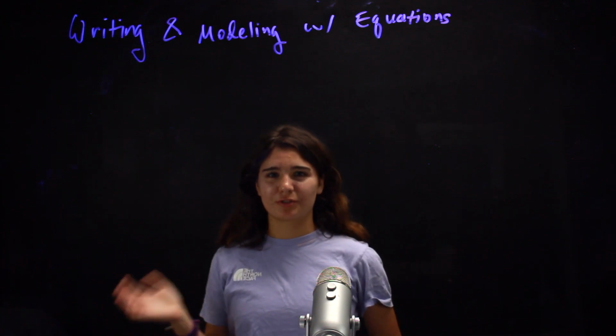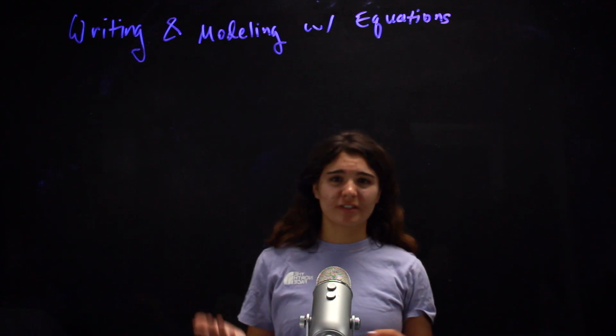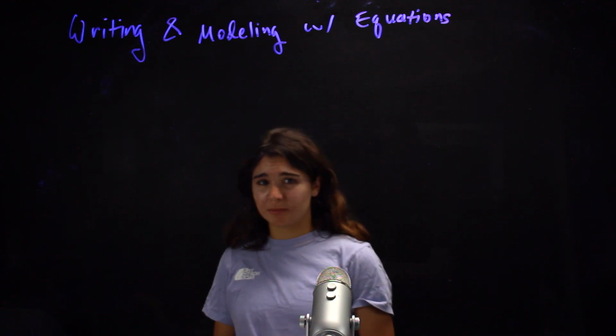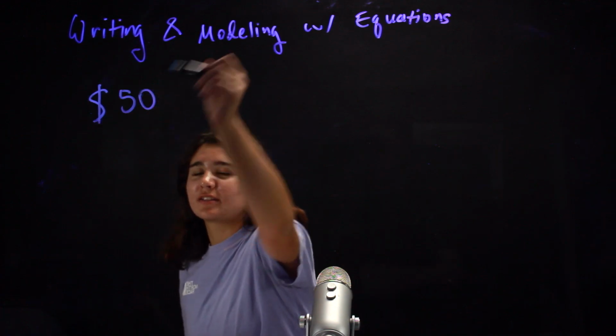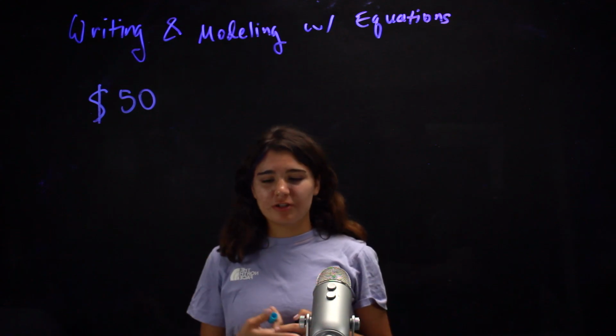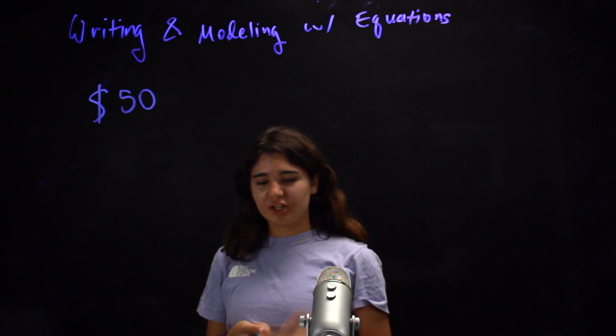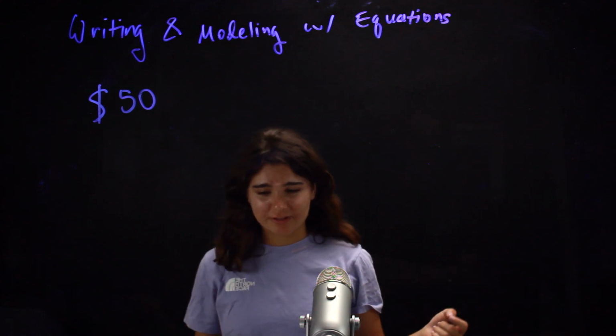So I'm just going to give an example problem, and I'm not even going to really ask that much at first. We're just going to try to look through it and see what it means. So, for example, you have a $50 budget for buying snacks for your family, and your family usually likes to eat chips, popcorn, trail mix, and dried apricots.